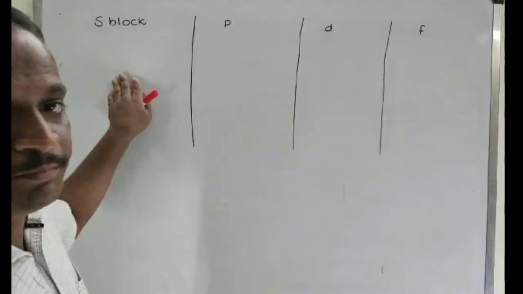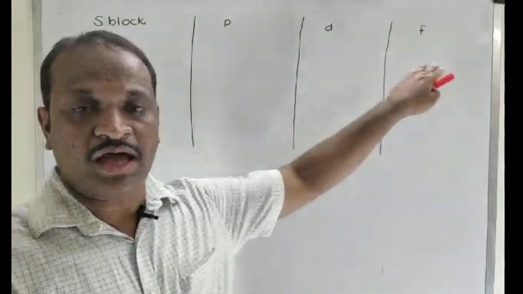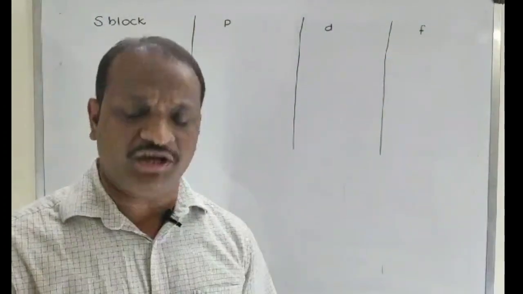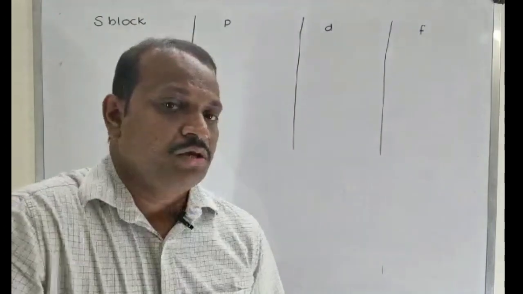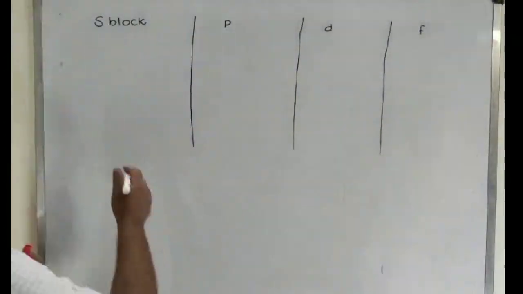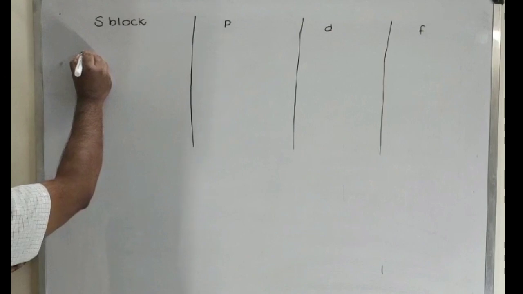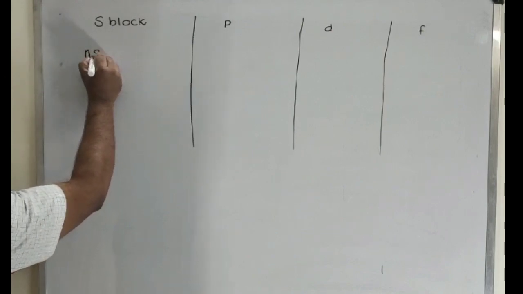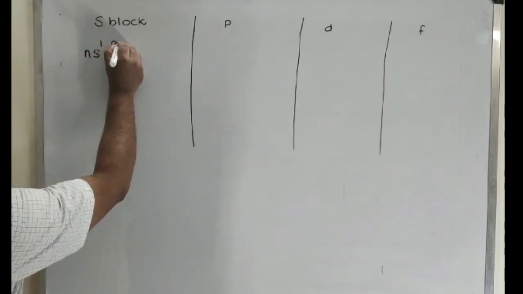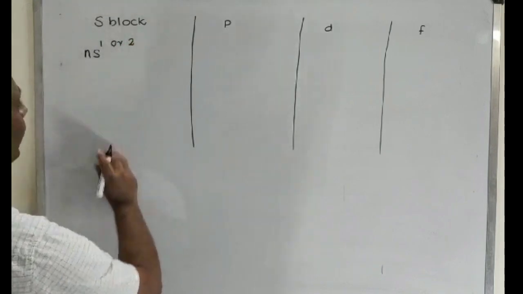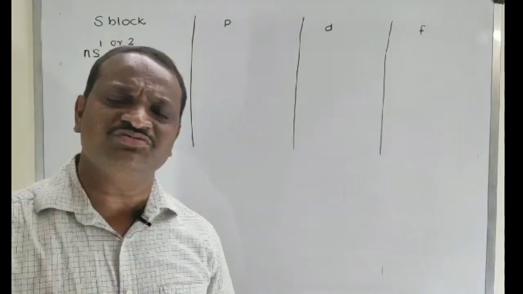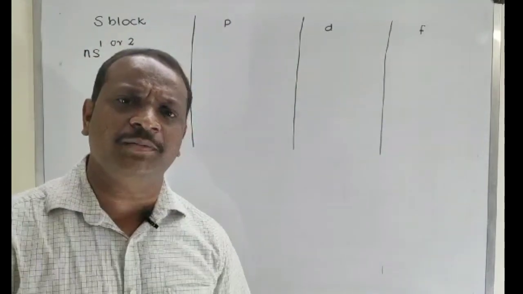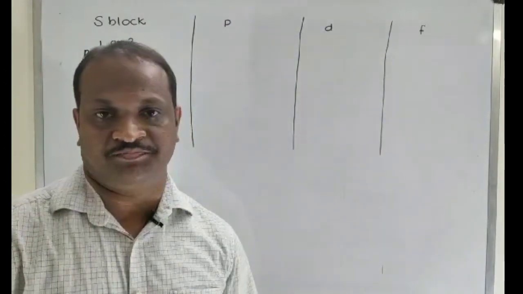We have S block, P block, D block, and F block. The first point we need to know is their general electronic configuration. For S block, the general electronic configuration is ns1 or 2. And what about these elements? In S block you have members like lithium, sodium, potassium, rubidium, cesium. All these are metals.